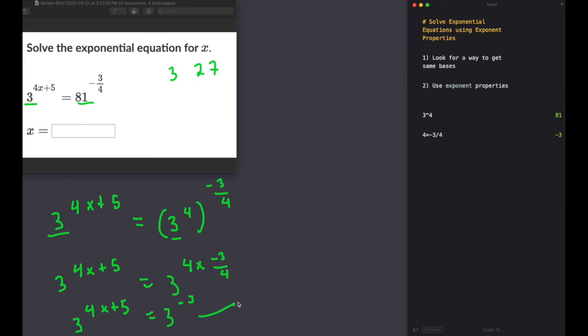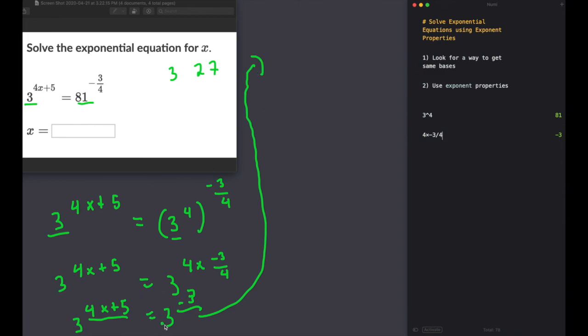Now, once I get here, this is where the problem gets nice and familiar. If I have 3 raised to this exponent equals the exact same 3 raised to this exponent, what I know is that this thing must be the same as this thing. 4x plus 5 must be the same as negative 3, because these two statements are equivalent to each other.